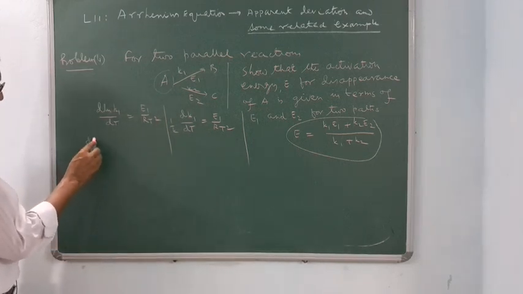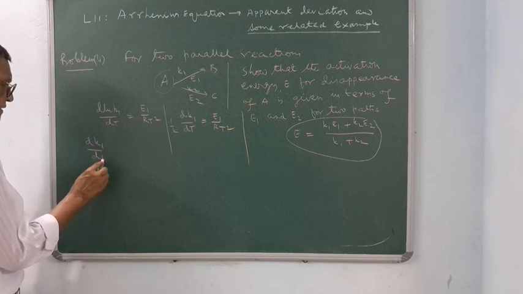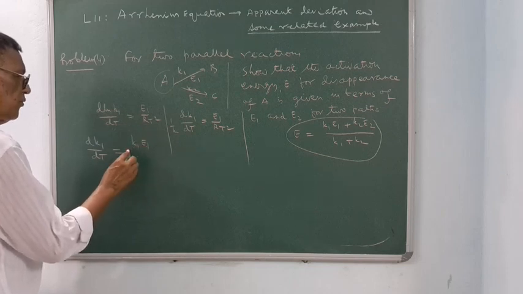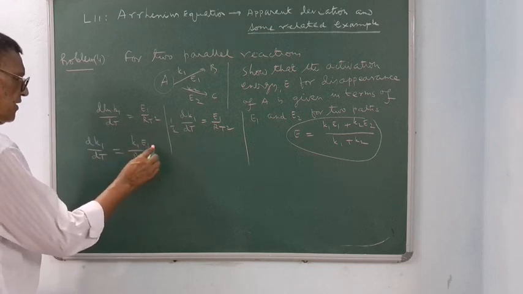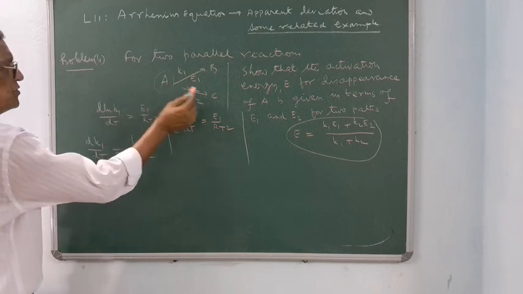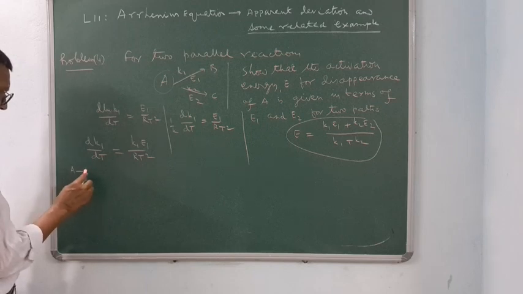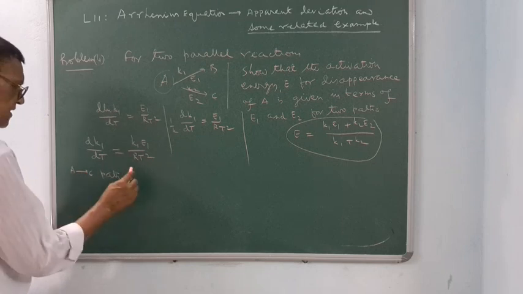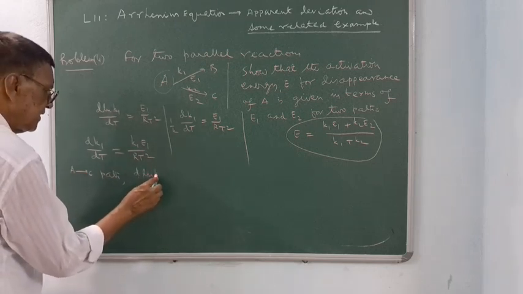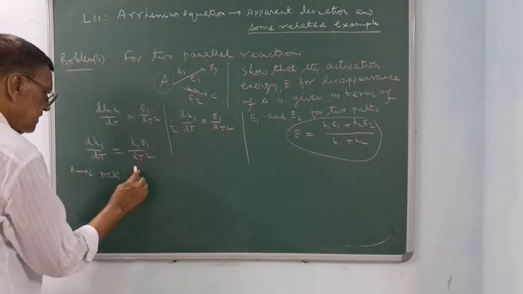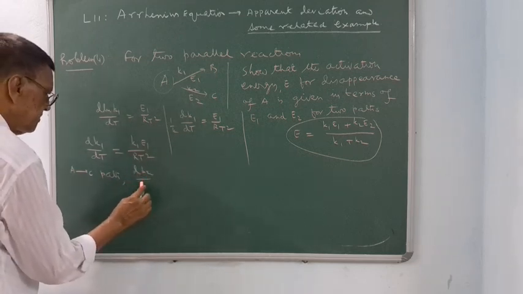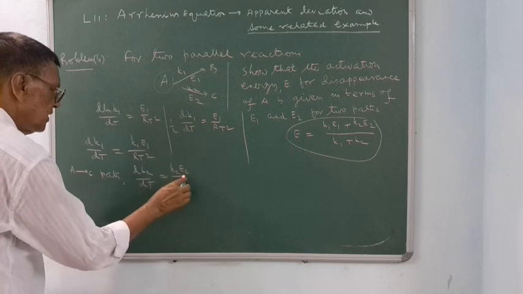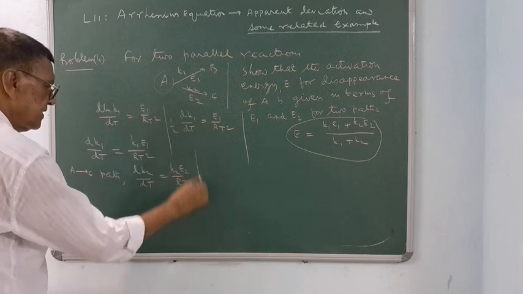So dk1 by dT equal to k1 E1 by RT square. Similarly, for the A to C path, dk2 by dT equal to k2 E2 divided by RT square.